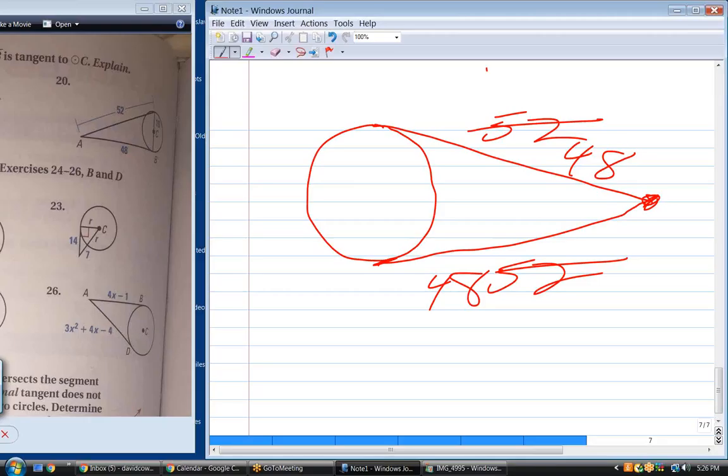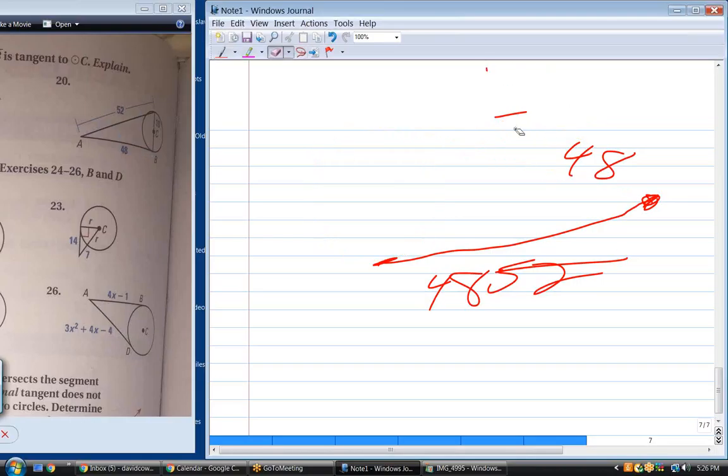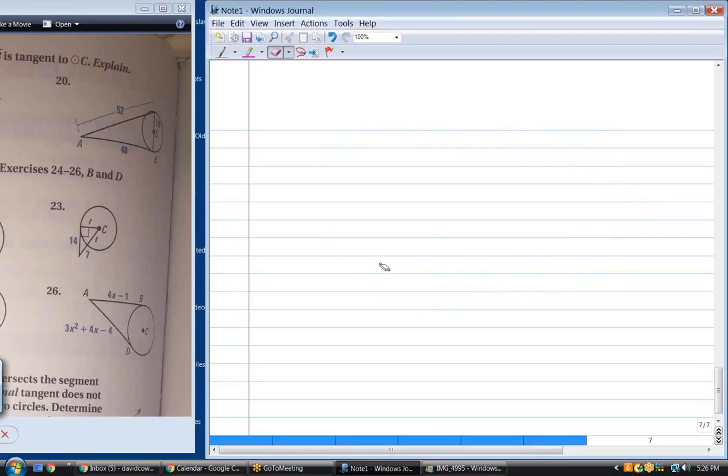So this still doesn't answer the question, does it? In other words, I know that both of these are not tangent lines. Otherwise, they would be equal. But does that tell me if AB is tangent or not? Not really. Hold on a moment.